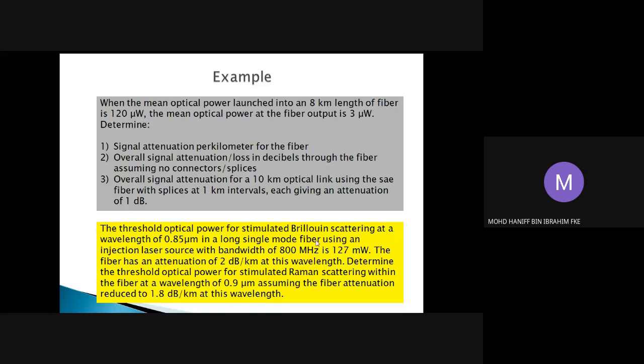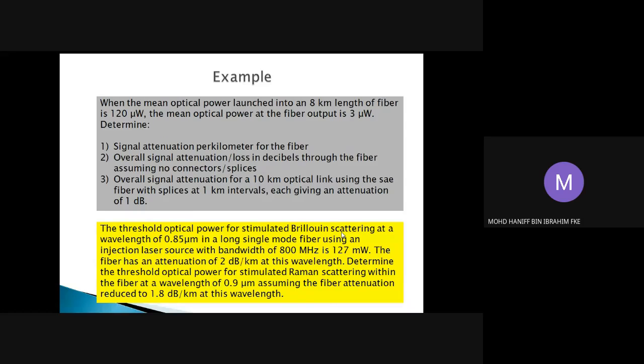Next, using the same single mode fiber, we need to obtain the threshold optical power for the SRS, but this time the wavelength is 0.9 micrometer, and the alpha, the coefficient of the fiber, is 1.8 dB per kilometer. That should be the question. From the information of SBS, you need to obtain the threshold power for the SRS.